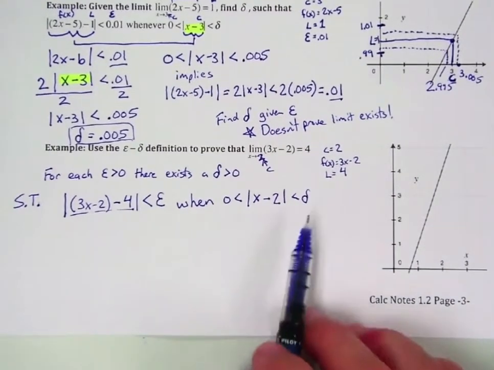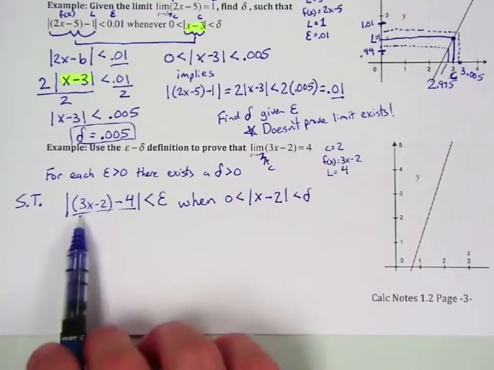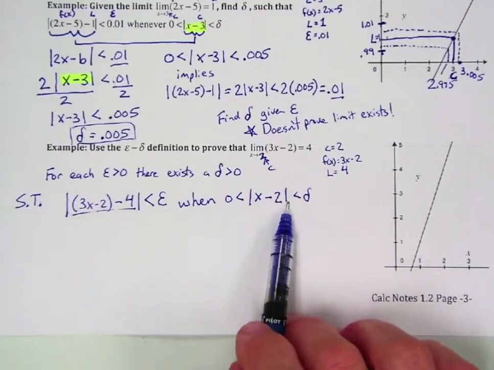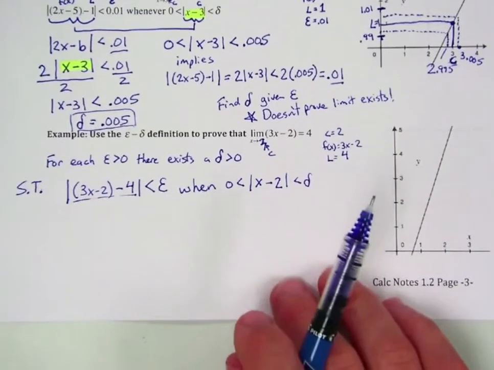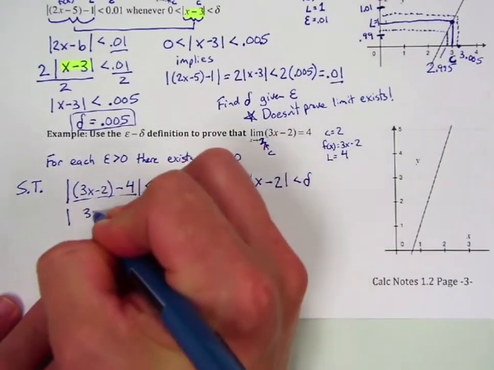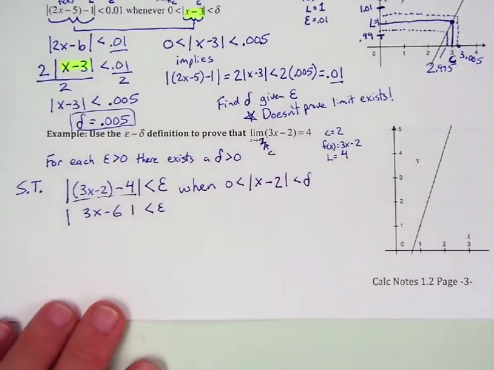So what we're going to do now is go ahead and figure out what delta is in terms of epsilon. So we're going to try to get this absolute value to look exactly like this absolute value right here. Okay, so this becomes 3x minus 6 less than epsilon.